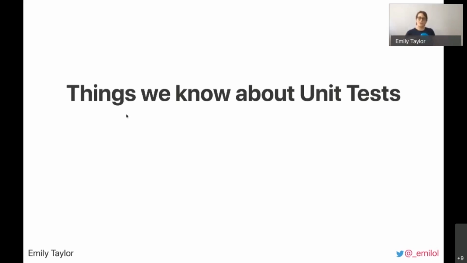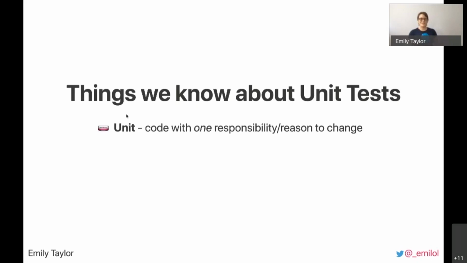When we all start learning about unit tests or writing them, there's some things that we generally come across on the way. They're sort of unavoidable, some definitions, and I'm going to look at each one of them in turn and look at where they come from. And the first one, of course, is what a unit is. So I think if we frame this, we can all sort of start by agreeing that a unit is generally a piece of code with one responsibility or one reason to change, right?